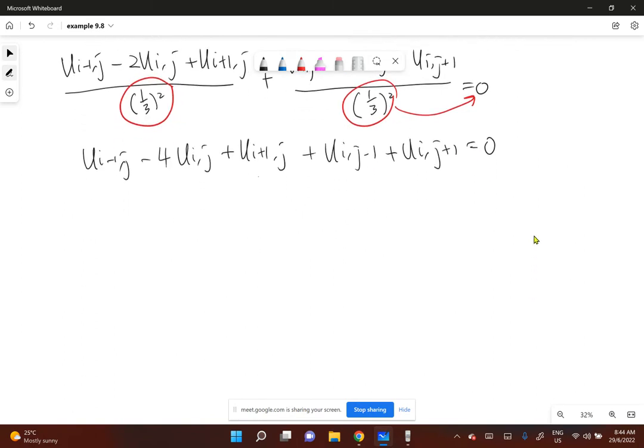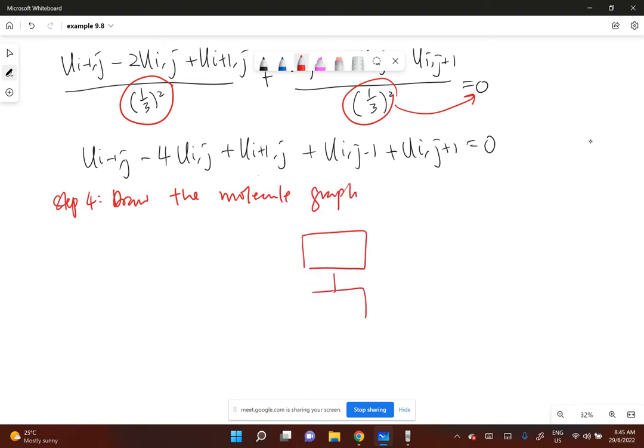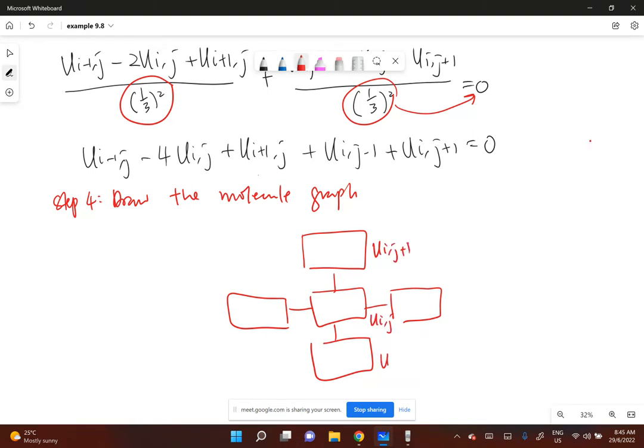So you will get step 4, draw the molecule graph. So this is uij plus 1, uij, uij minus 1, ui plus 1j, ui minus 1j. So this is 1, 1, negative 4, 1, 1 equal to 0.